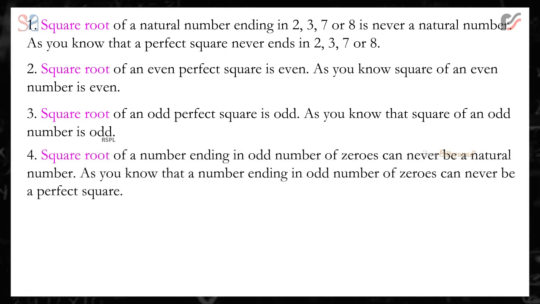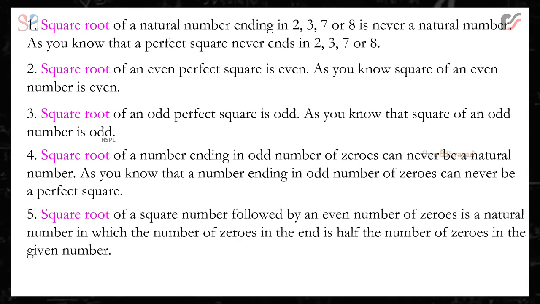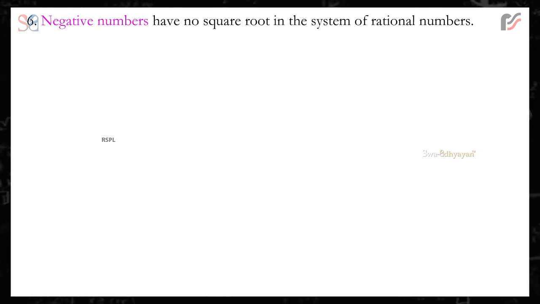4. Square root of a number ending in an odd number of zeros can never be a natural number. As you know that a number ending in an odd number of zeros can never be a perfect square. 5. Square root of a square number followed by an even number of zeros is a natural number, in which the number of zeros in the end is half the number of zeros in the given number. 6.